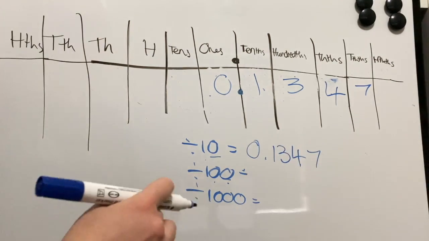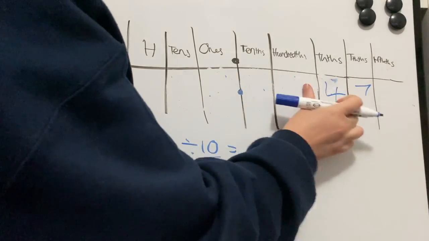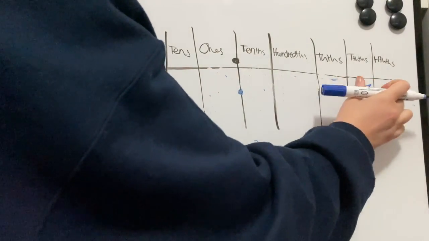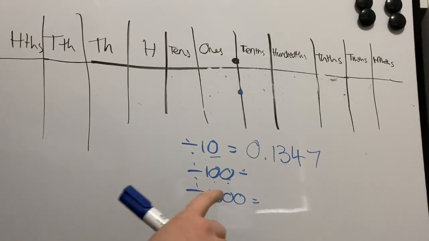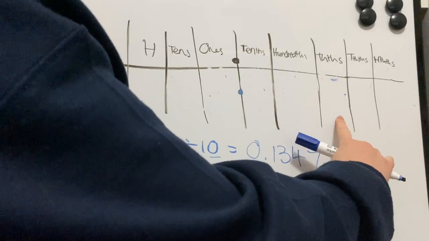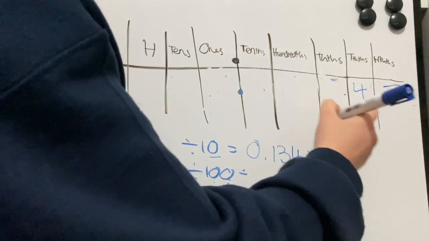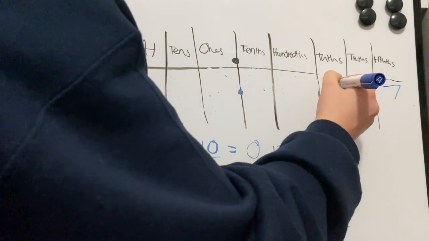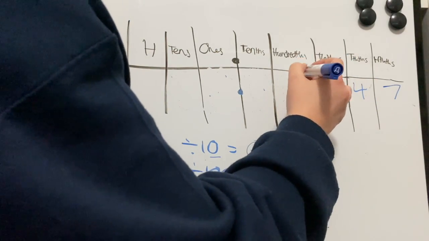0.1347. If I divide that original number by 100 this time, each digit moves 2 place value columns to the right from its original position. So 7 thousandths becomes 7 hundred-thousandths, 4 hundredths becomes 4 ten-thousandths, 3 tenths becomes 3 thousandths, 1 becomes 1 hundredth.